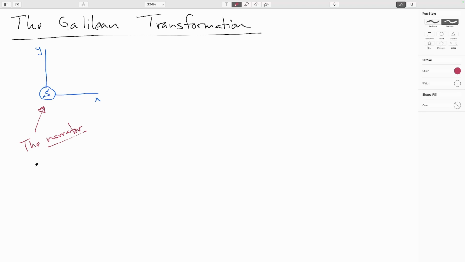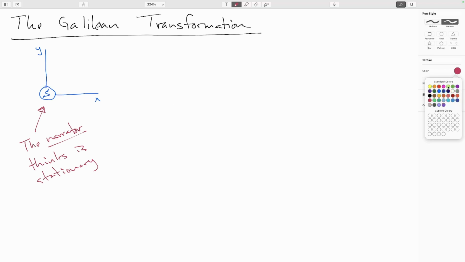That person sitting by the bank of the river is the person that the narrator of the problem is thinking of as stationary. And by convention, we call that observer S.